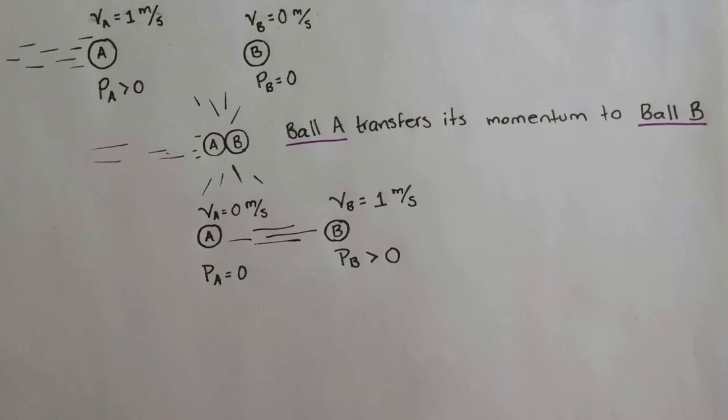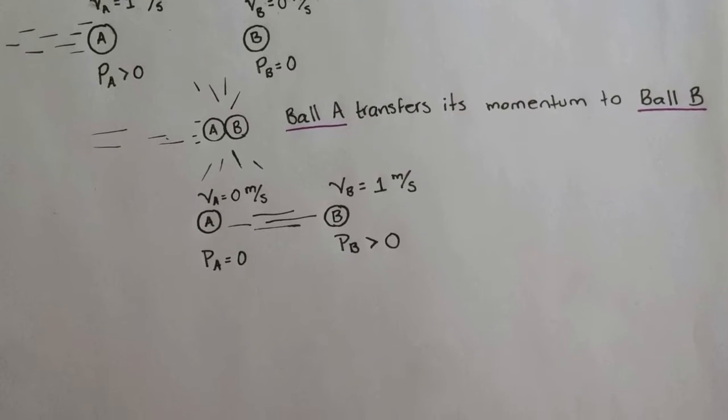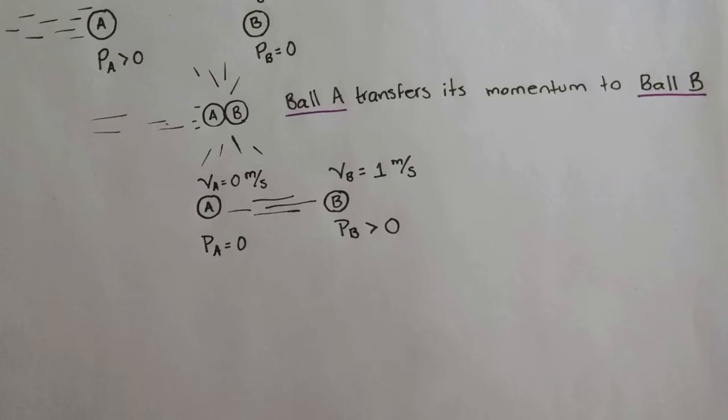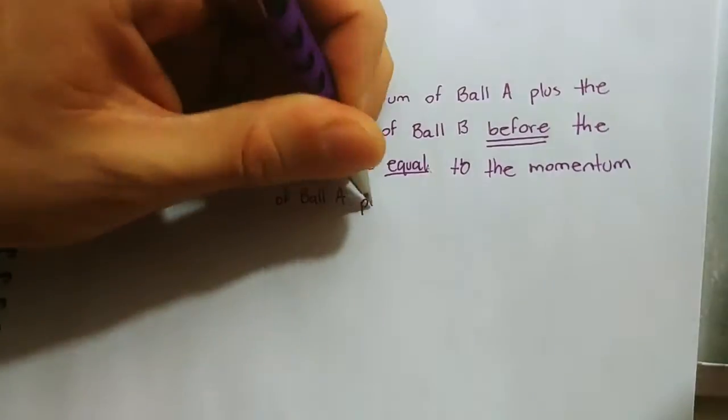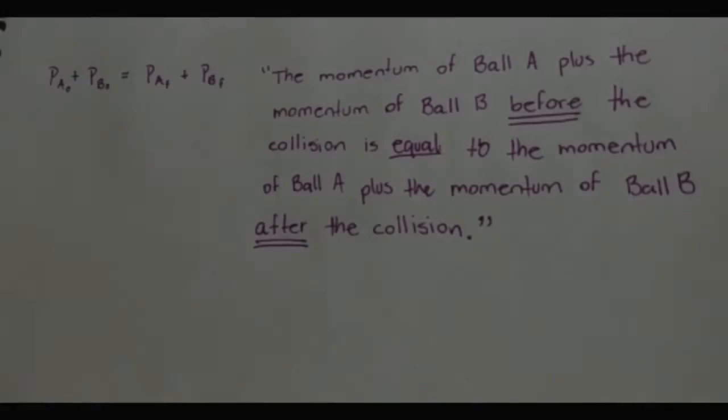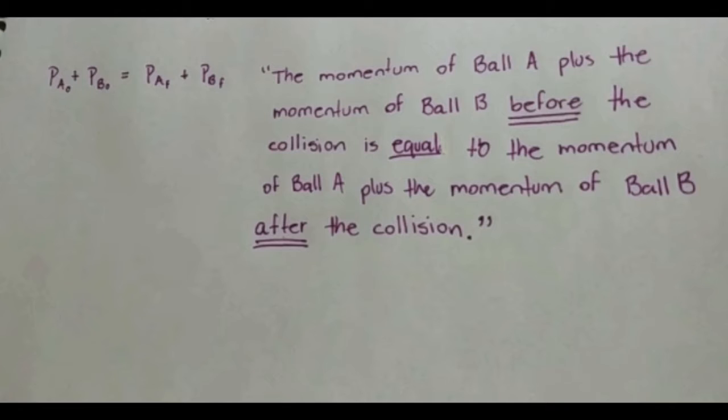The transference of momentum: momentum is conserved, none is lost or gained. So the definition of the conservation of momentum would be that the momentum of ball A plus the momentum of ball B before the collision has to be equal to the momentum of ball A plus the momentum of ball B after the collision.